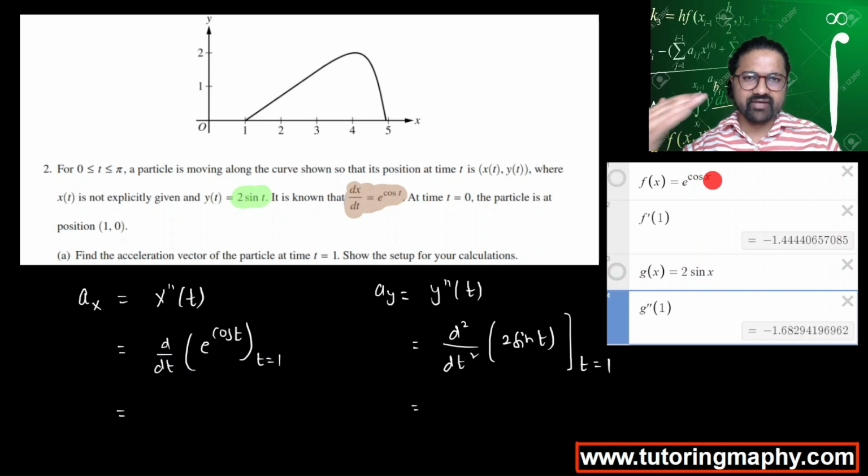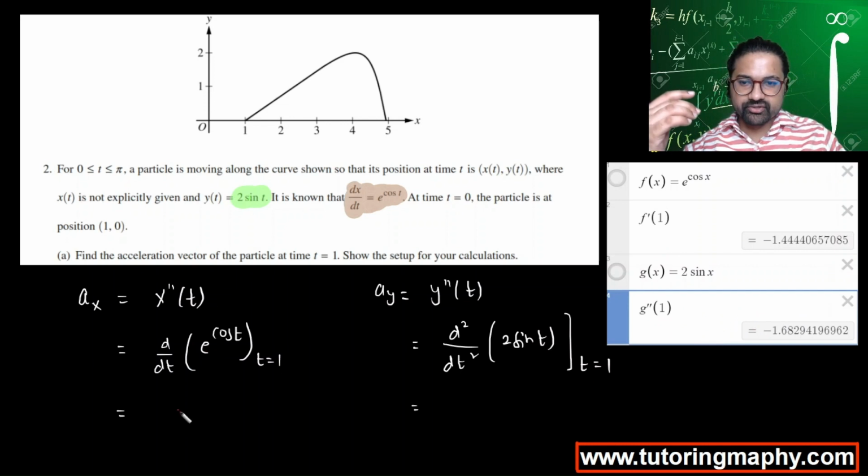It doesn't matter whether we have x or t, the variable is irrelevant. We have to find the first derivative. So I did f prime of 1, the first derivative at 1, which is a sub x. And then I wanted to take the second derivative of 2 sine t at 1, so it will be g double prime, the second derivative at 1, so I got this as a sub y.